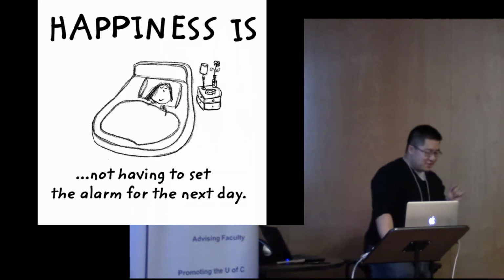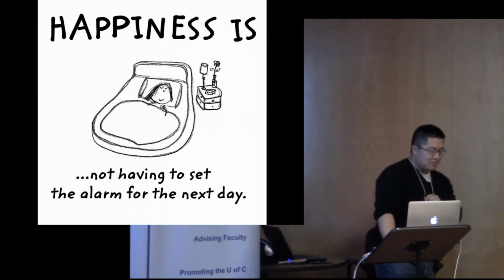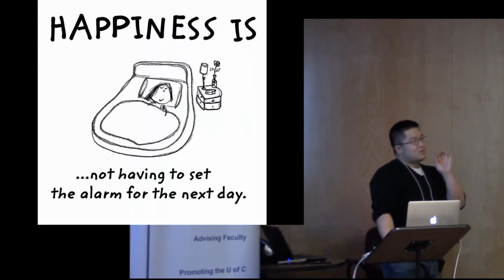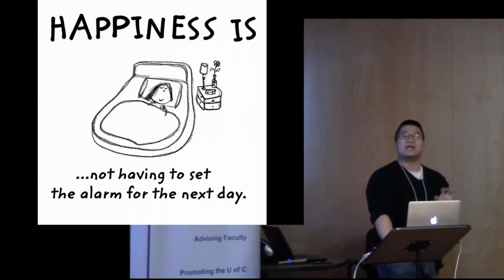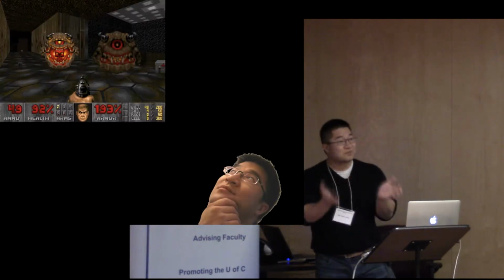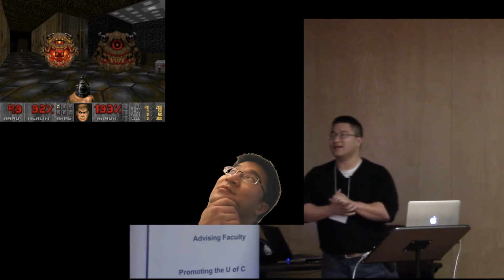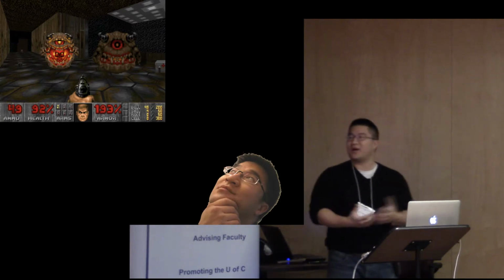So let me start by telling you, this is my life probably about 5 to 6 years ago. These are the things that really made me happy. So, right, this is me, and these are the things that made me happy. I like playing video games, all the time, as much as I possibly could.